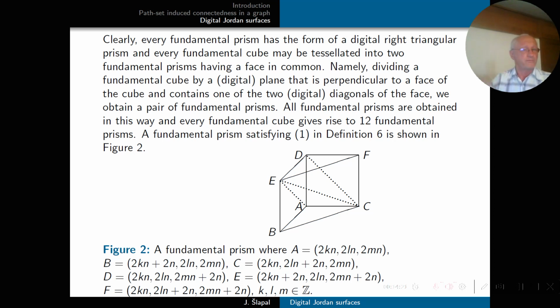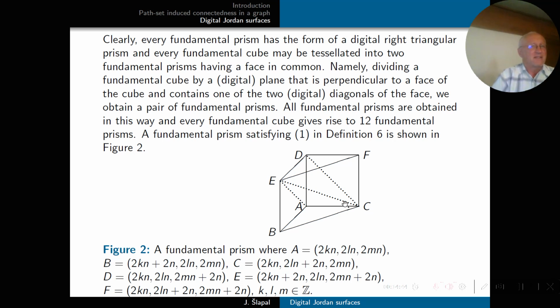You will obtain two fundamental prisms. And you may do it in fact in six ways, so you will obtain in fact 12 different fundamental prisms. And now we will cut fundamental prisms again.